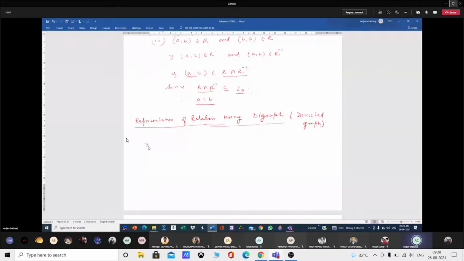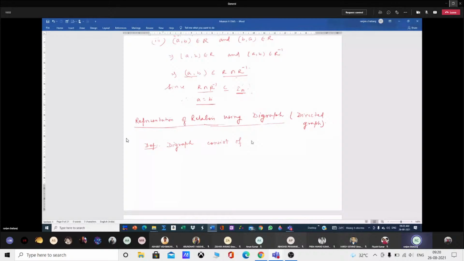A diagram is actually a pictorial representation of the relations. A diagram consists of points, which I also write as vertices.